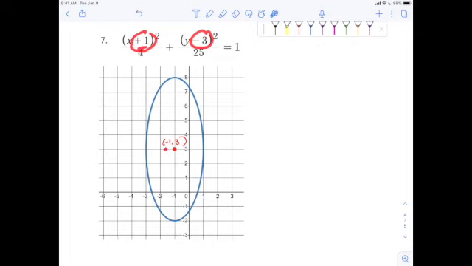Take those opposites, -1, +3. There's the center. This right here is 4. The square root of it is 2. That shows you the horizontal distance from the center to those endpoints of what we call the minor axis. Square root of 25 is 5. There's that distance out, or half of the major axis is 5 units in each direction vertically.